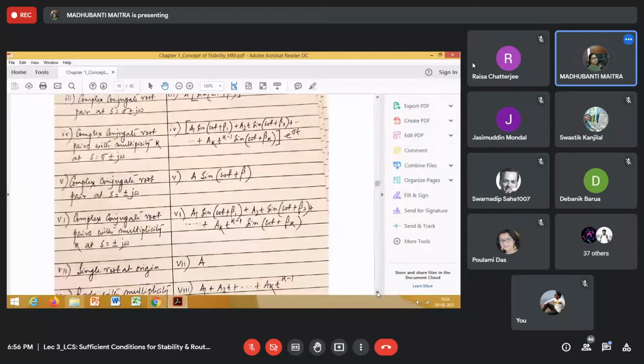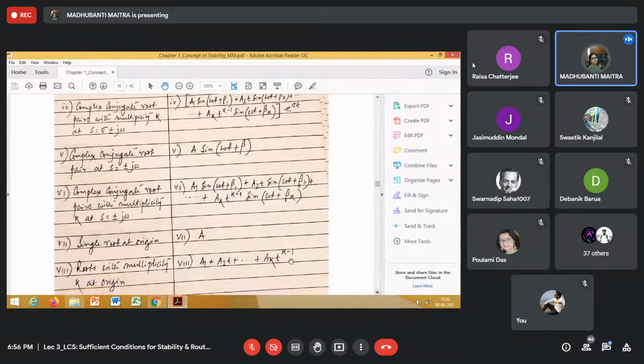Now let's focus on these two cases. Suppose for one or two inputs the output is bounded, but for other inputs the output is unbounded. Then the system can be called marginally stable? No, no. The definition of marginally stable is completely different.